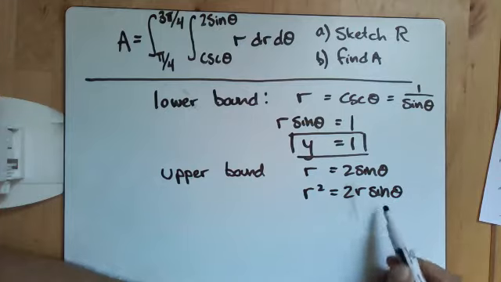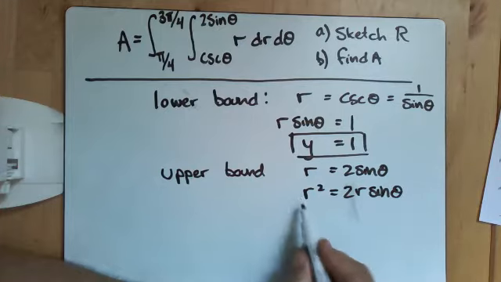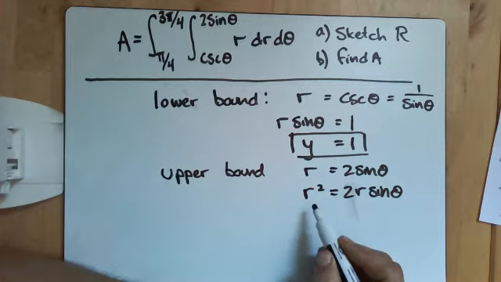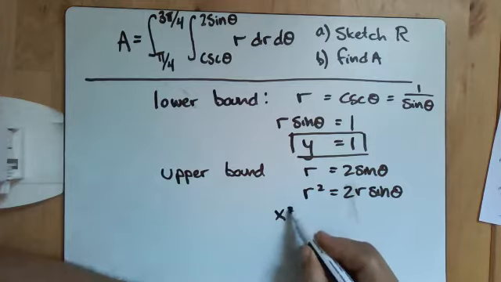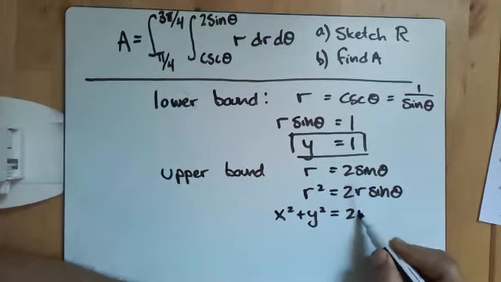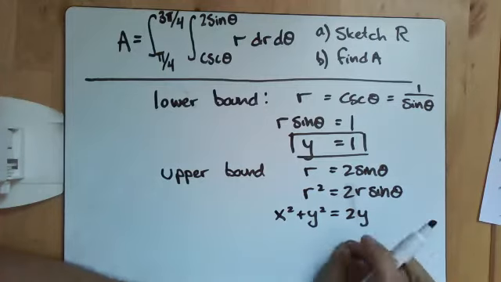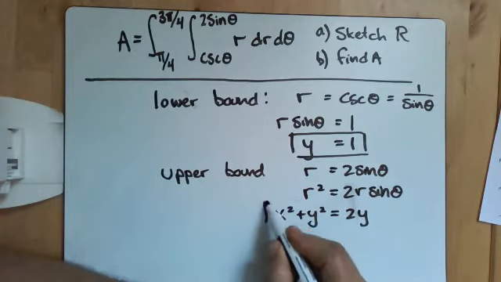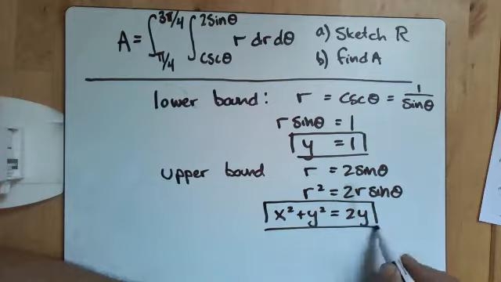So here again, I can recognize y, and you might remember from the discussion worksheet that r squared is x squared plus y squared. All right, so this is the equation for my upper bound.